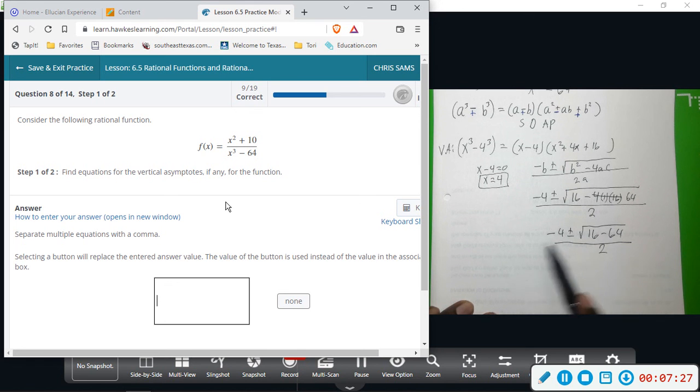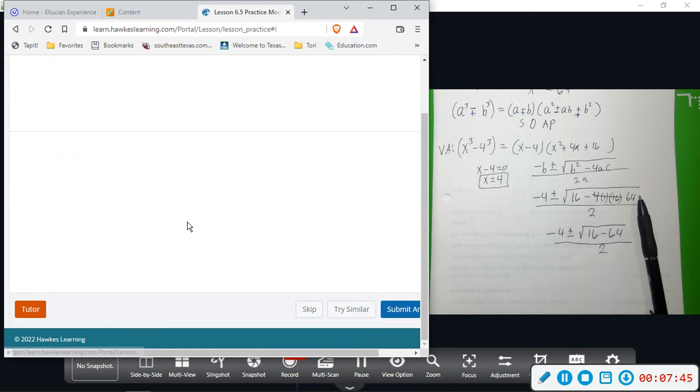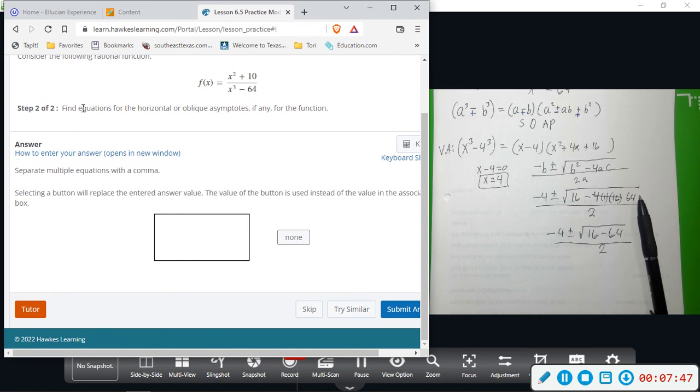So right here we can stop because we don't write imaginary asymptotes, we only write real ones. So x equals 4 is our only vertical asymptote. Enter, not none.